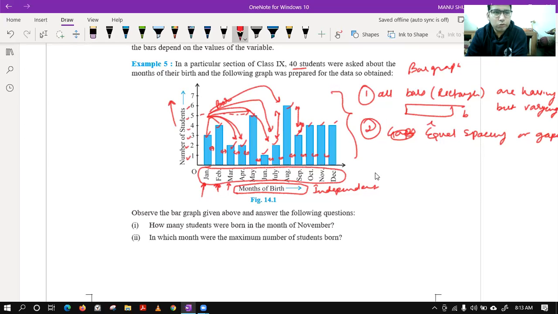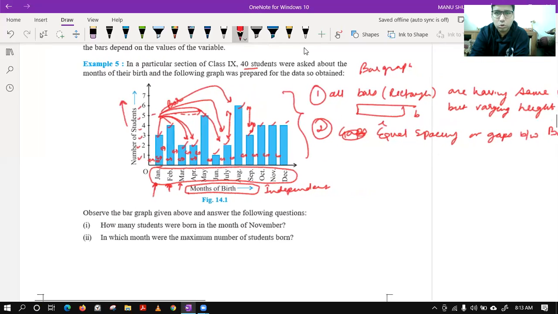The main thing that you have to keep in mind is that we have rectangles of fixed width. You can see the width of all these bars is fixed. You can't change this width. So the first thing is the width of the rectangles, and the second thing is the spacing. While you are making a bar graph, you have to take care of the spacing. This spacing should not be disturbed. It should be the same all throughout.